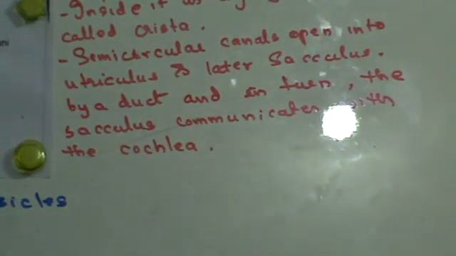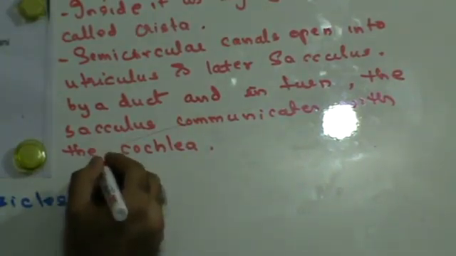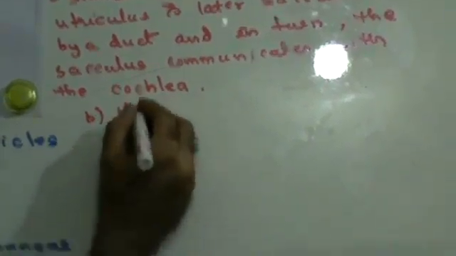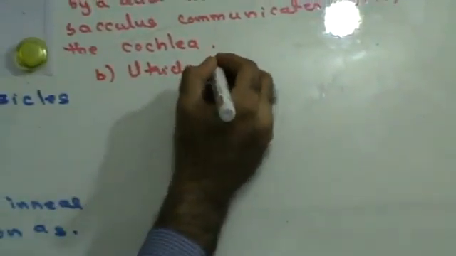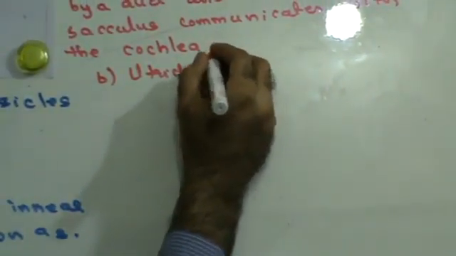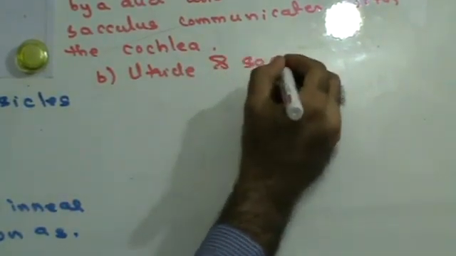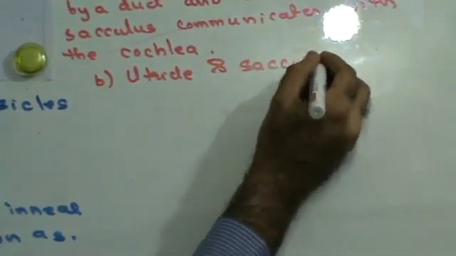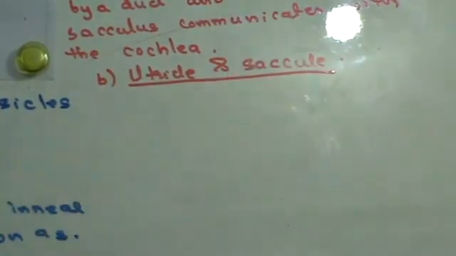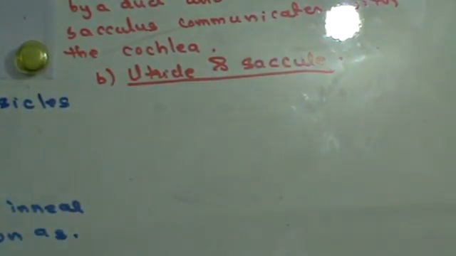Fine. Now, that was my semicircular canal. Now coming to the utricle and the saccule, the second and third parts of the vestibular apparatus.